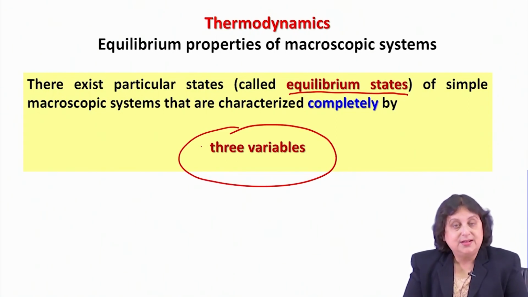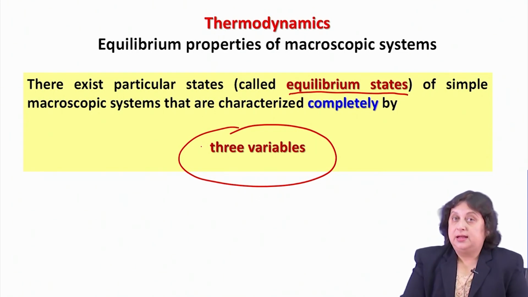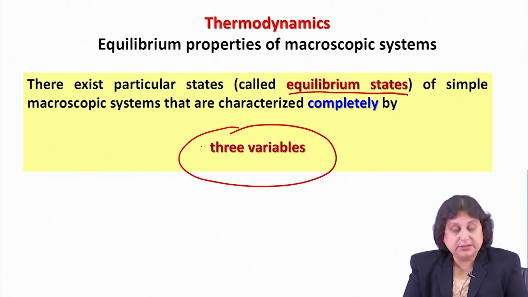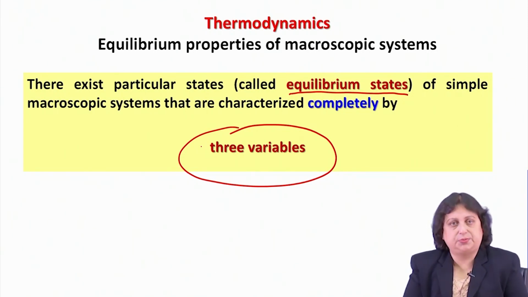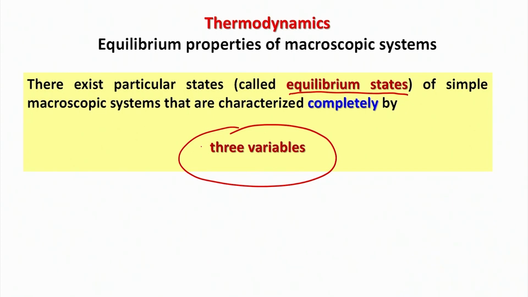As you understand, this is an incredible simplification because we are talking about systems comprised of 10 to the power of 23 particles. If I wanted to have a complete description of these 10 to the power of 23 particles, then I would have needed to solve 10 to the power of 23 multiplied by 3 coupled second order differential equations, and it is impossible to do so.